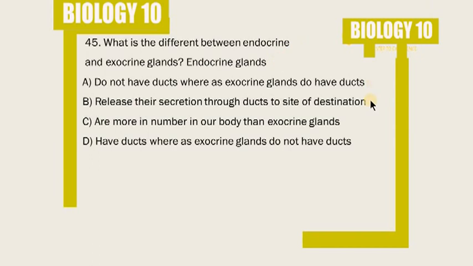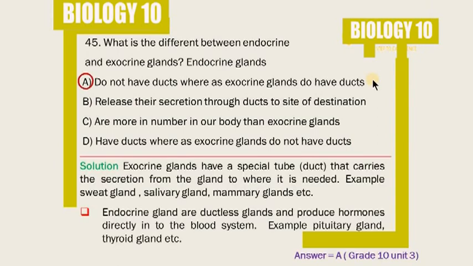B. Release their secretion through ducts to the site of destination. C. Are more in number in our body than our exocrine glands. Or D. Have ducts where exocrine glands do not have ducts. The answer is A. Endocrine glands do not have ducts, where exocrine glands do have ducts.